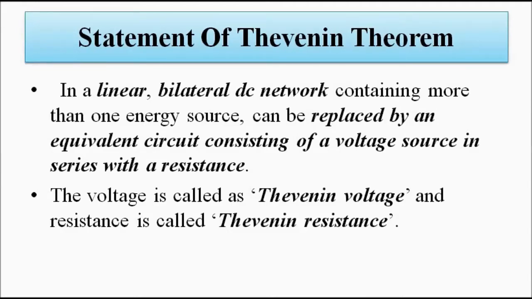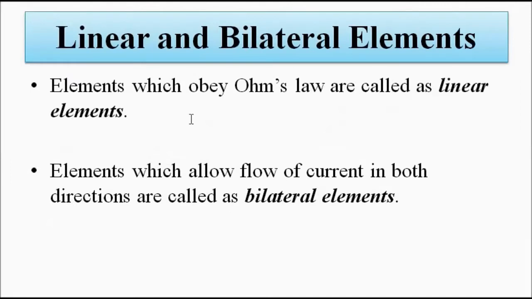That voltage source is called the Thevenin voltage and that resistance is called the Thevenin resistance. Linear and bilateral elements we also discussed in superposition theorem. Linear elements are those which obey Ohm's law, and bilateral elements allow the flow of currents in both directions. Okay, so that is linear and bilateral.